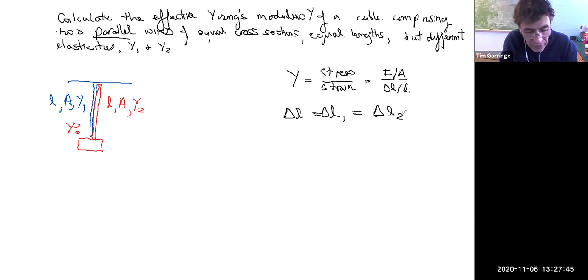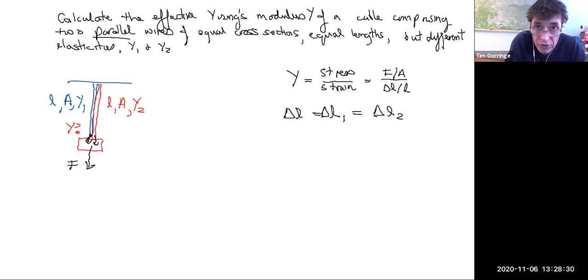So here, delta L, the elongation of the cable, is just equal to delta L1, which is equal to delta L2. What about the forces in this arrangement? Well, there's some total force that's acting on the cable due to the mass that we've hung from the cable. I'll just call that total force F.